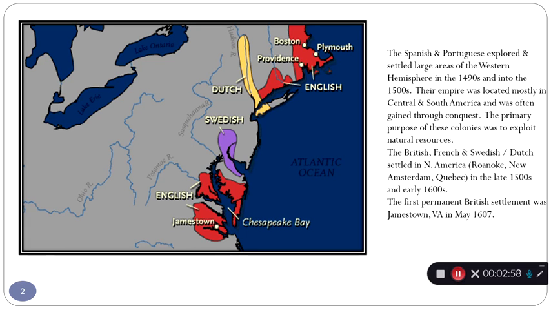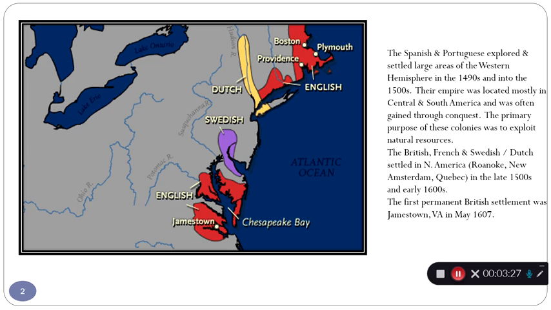He travels here 4 times, goes all through the Caribbean, parts of Central America, may land on South America's mainland at one point. And so Spain, who Columbus sails for, manages to acquire a huge colonial empire in Central and South America. Portugal manages to squeeze themselves into Brazil and establish that as a significant possession for themselves.